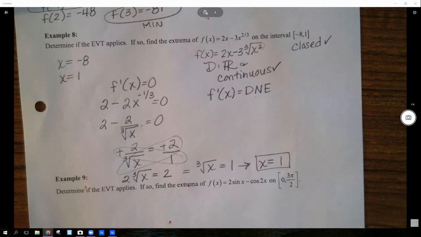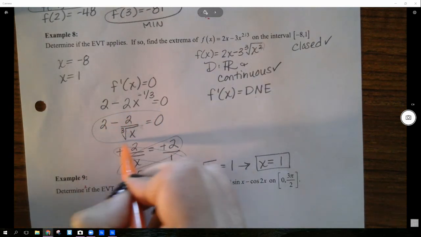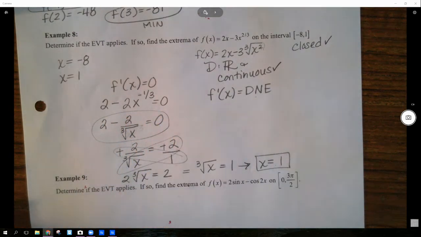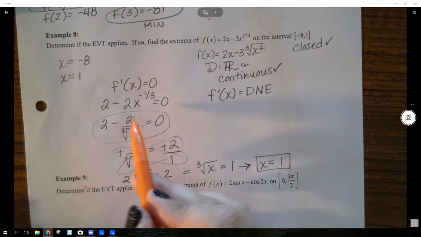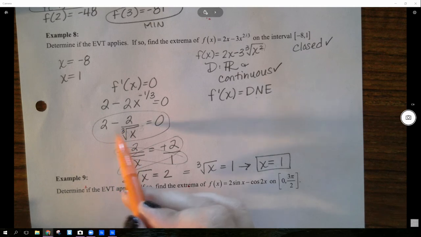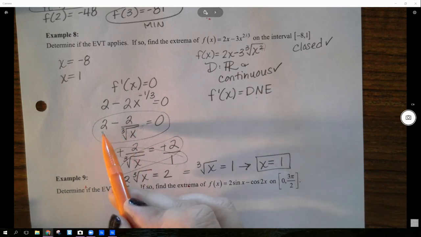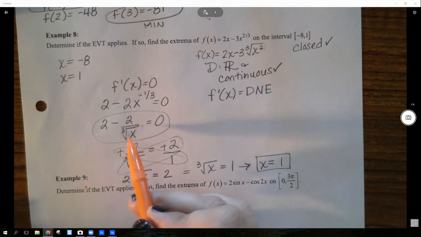Is there a spot where the derivative does not exist? Well, let's go back to this right here, okay? We don't really need the equals 0 part, but I want you to go back and just look at the expression right here. So this has a fraction. Let's get these two having a common denominator here.